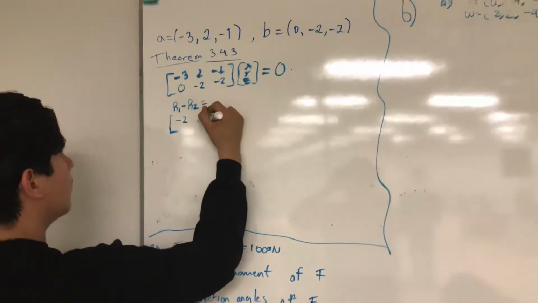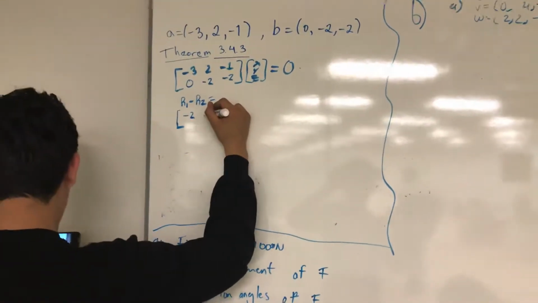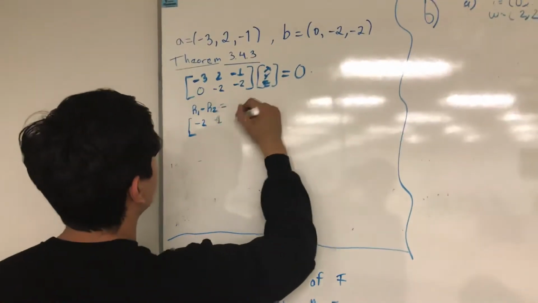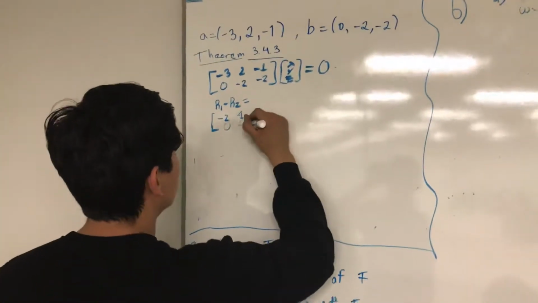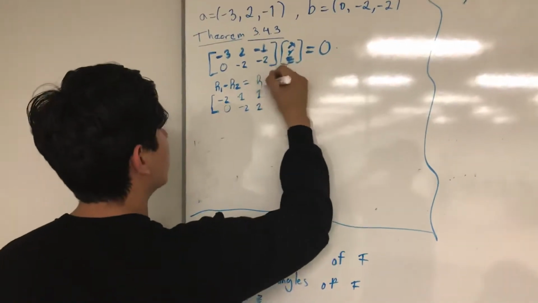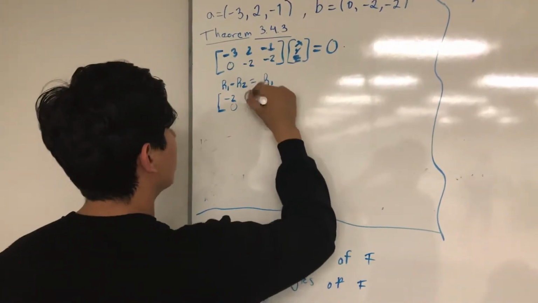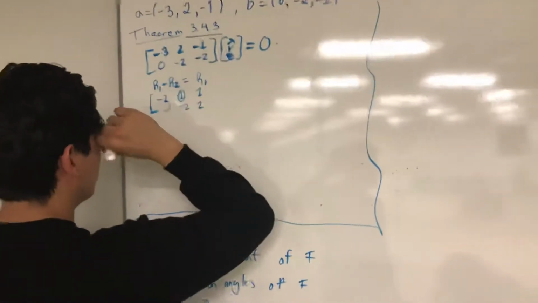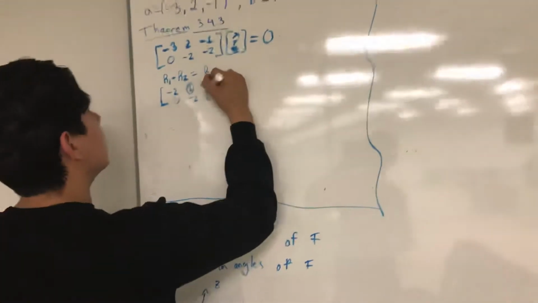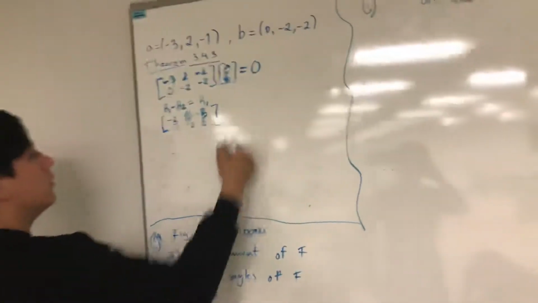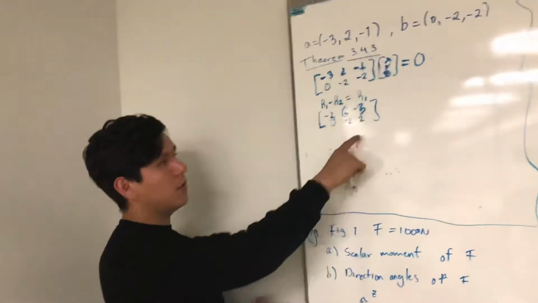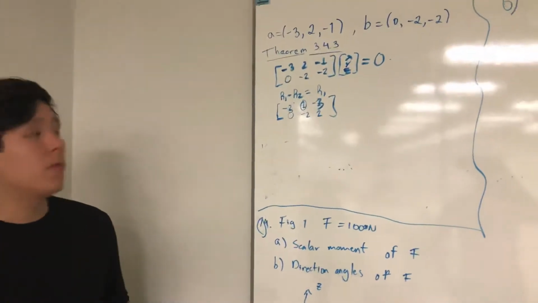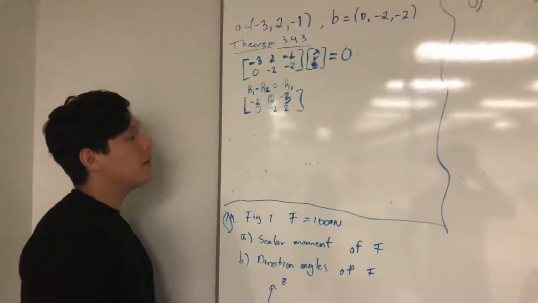That will lead us to -3, 1, 2, 2, 2, -3. So once we have this, we have to put a one in the first position of our diagonal.